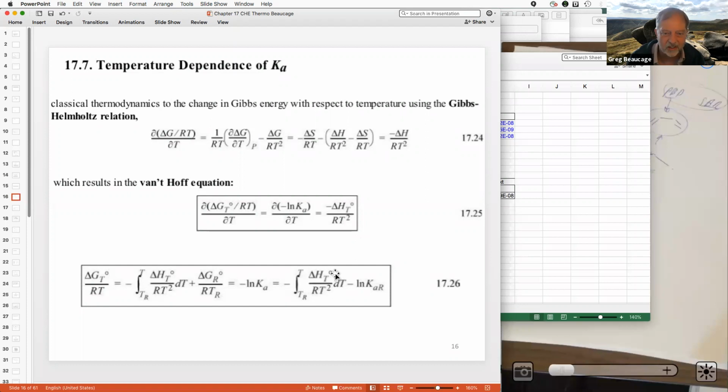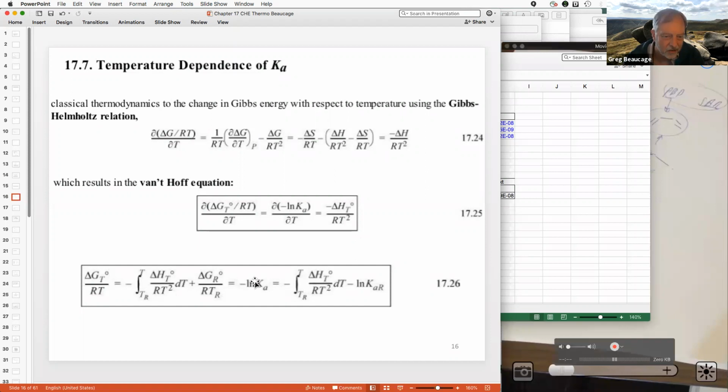You can pull it out, and then you have just dT over T squared, and the integral of dT over T squared is the integral of d(1/T). Then you have 1 over G for the other part of the integral, so you end up with ln of Ka for the other part.